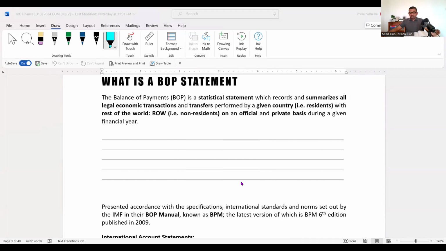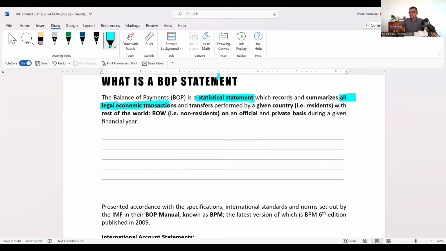So international economic transactions, or economic activities is a better word, that we engage in with the ROW, the rest of the world. So a statistical statement which summarizes all legal, that part is important, because there can be a lot of illegal underground things individuals do with the rest of the world.